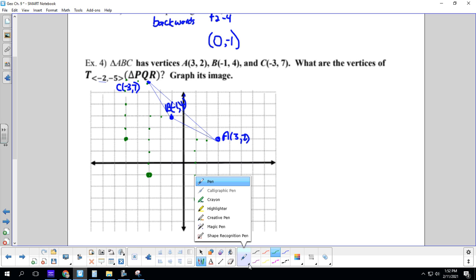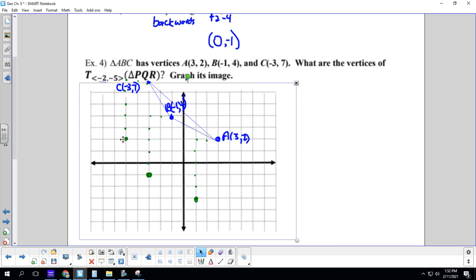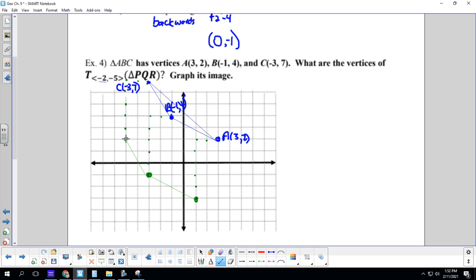So we just translated this little guy all the way down here. And let's label it for fun. P, Q, R. Okay, so remember the translation, this is what you do to the x coordinate, and this is what you do to the y coordinate.